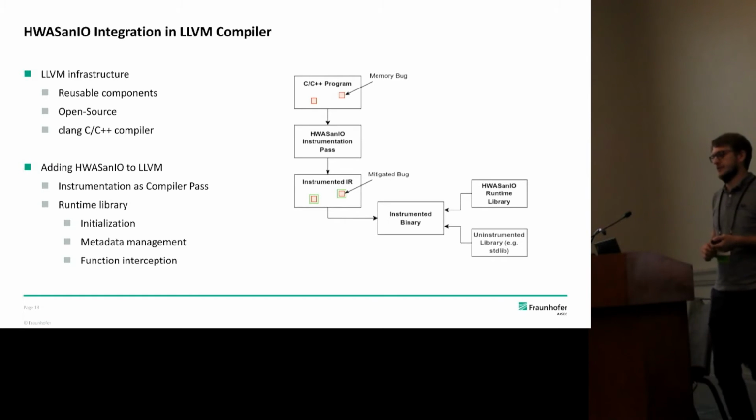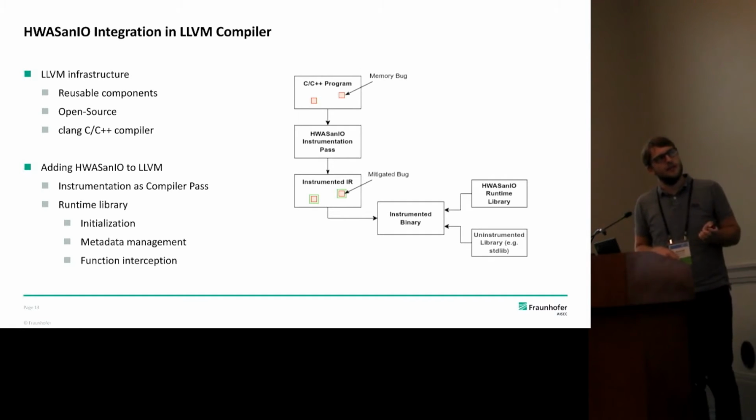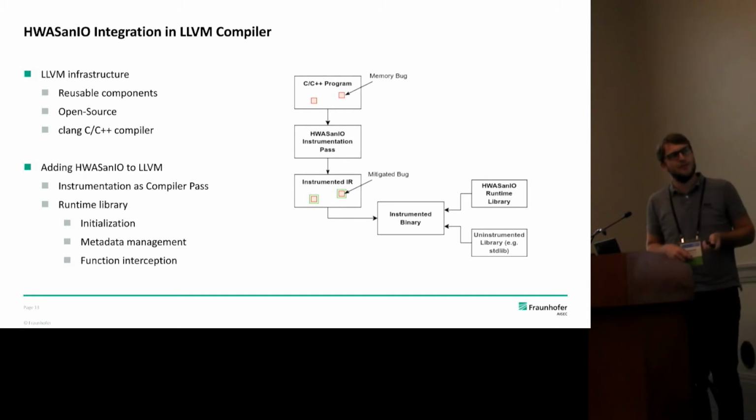How can we use this framework? We added it as part of the LLVM compiler infrastructure. So just as you probably know, it has open source and reusable components, and it can be used as part of Clang. The pipeline: we have our traditional C and C++ program, which might have some memory bugs in it.